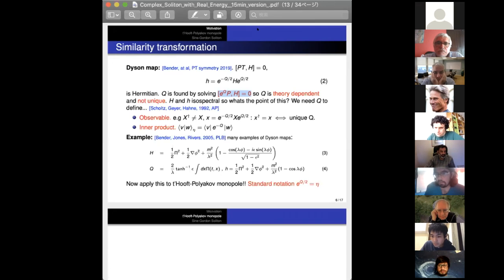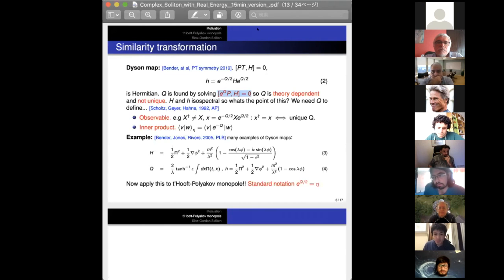In this procedure, you can identify something like 't Hooft-Polyakov monopoles and so on. So I can speculate that in the case of PT-symmetric theories, you may have something like that. Do you know if someone is studying a PT-symmetric extension of the Seiberg-Witten formalism?